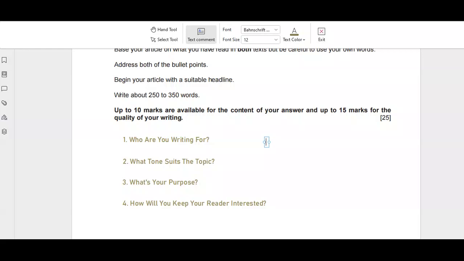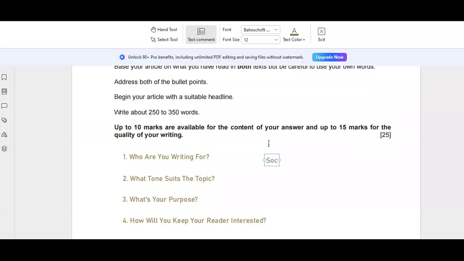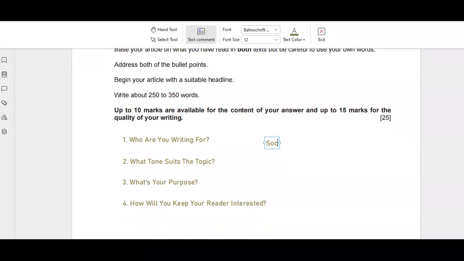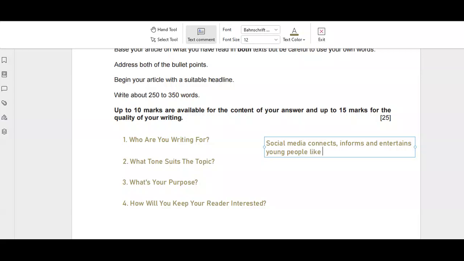Now, how to use the rule of three in the sentences? The introductory sentence can be: social media connects, informs, and entertains young people like never before.